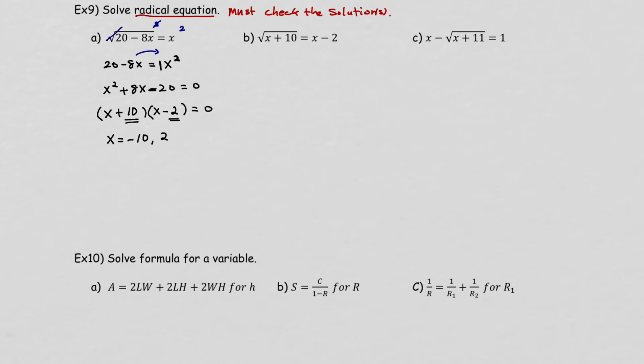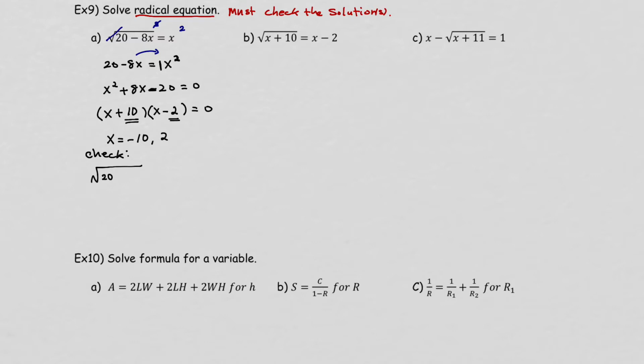One is radical, one is rational. For the rational one that we learned, you don't need to do a full check. You can just make sure your solution is not one of the restrictions, right? For a radical equation, you need to do full checking. So when you check these solutions, you're going to replace x with each value and see which one works and which one does not work.